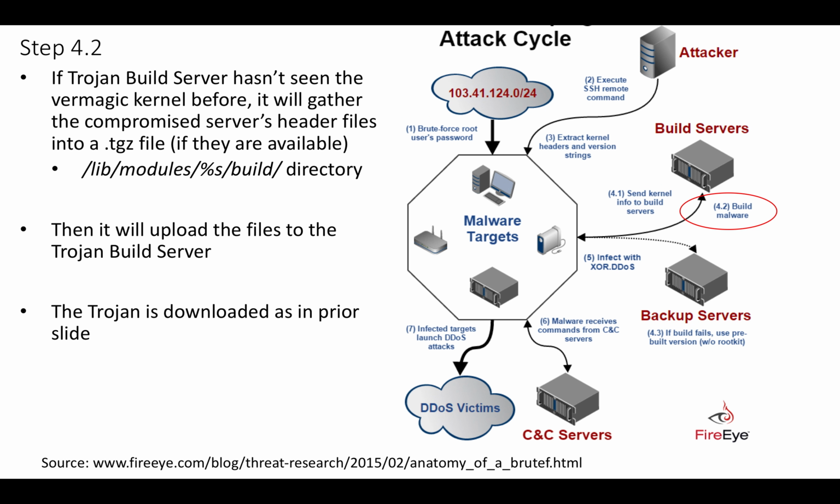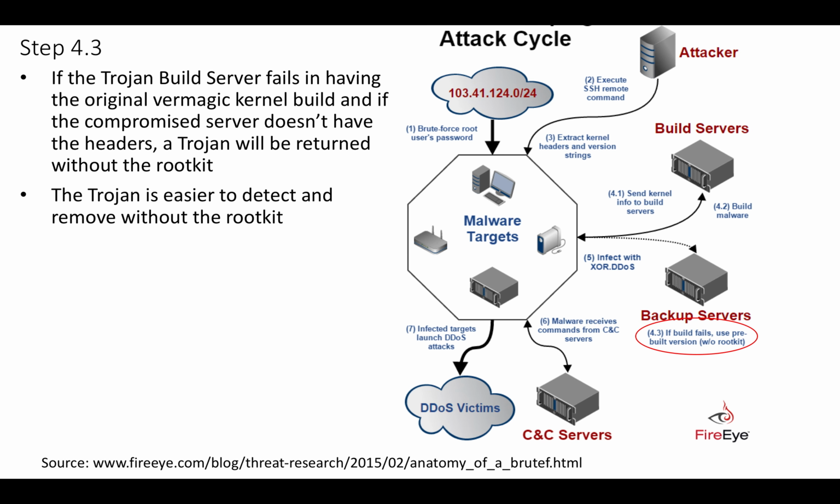So if those header files are available, it compacts them all up together, sends them to the build server, and asks the build server to compile a new version. And of course, it keeps that around. So if that vermagic string ever comes back in again, this build server already has it and it immediately downloads it, even if that machine didn't have all of the header files or anything like that. So it's a pretty smart system that they've built here.